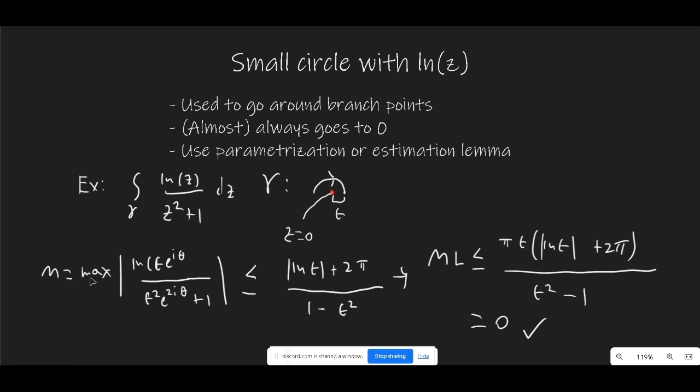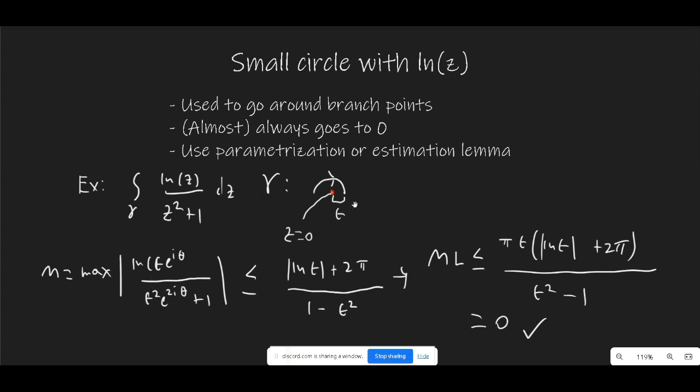Now we use the ML inequality. M is the maximum value of ln of epsilon e to the i theta over epsilon squared e to the 2i theta plus 1, because any point on this curve can be represented by epsilon e to the i theta for some theta between 0 and pi.